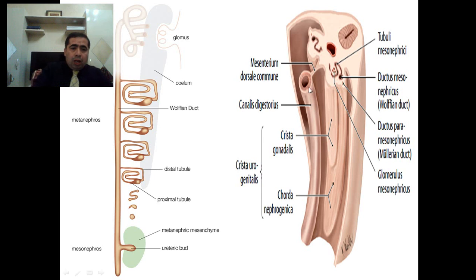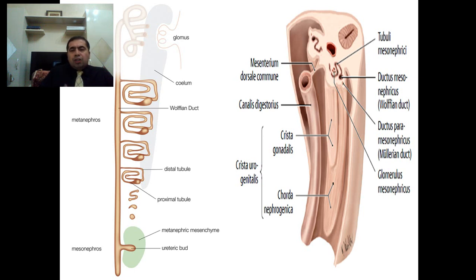In this picture you are looking again at pronephros and metanephros elements, and I have noted the distal end of the mesonephric duct opens into the cloaca, and this cavity is then divided into two parts.